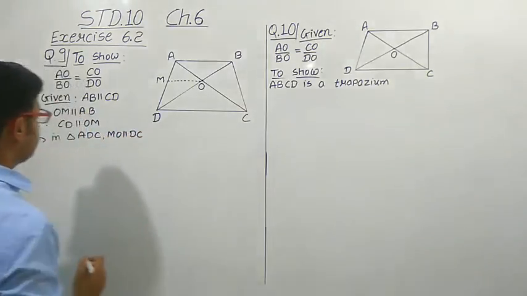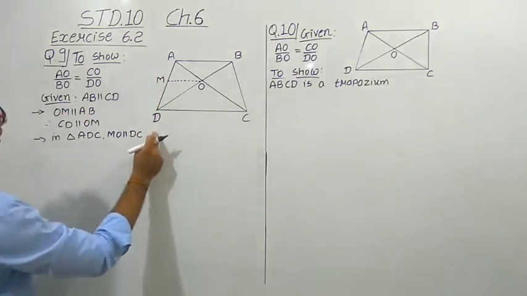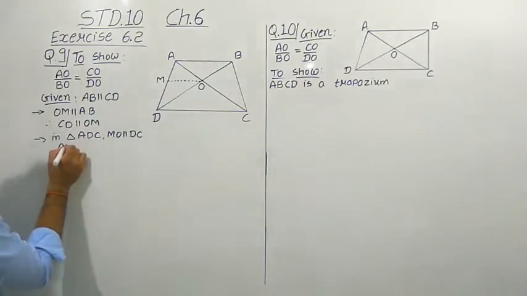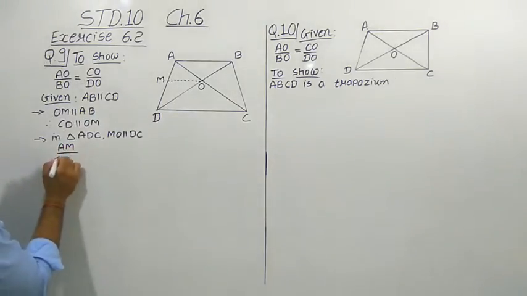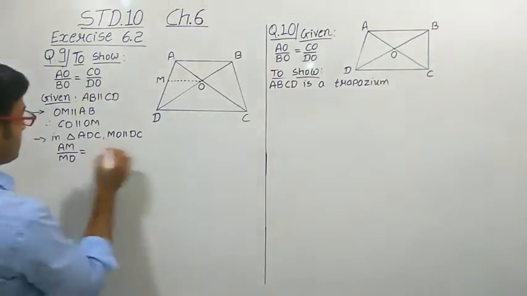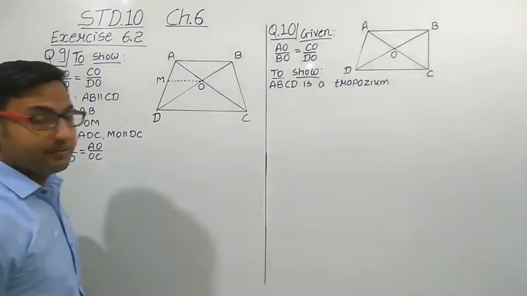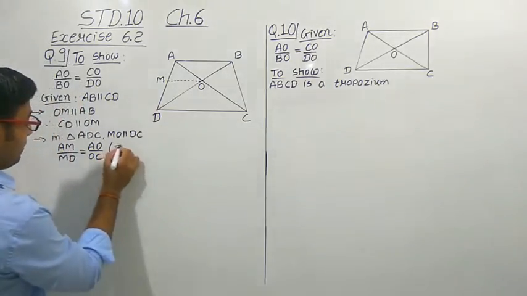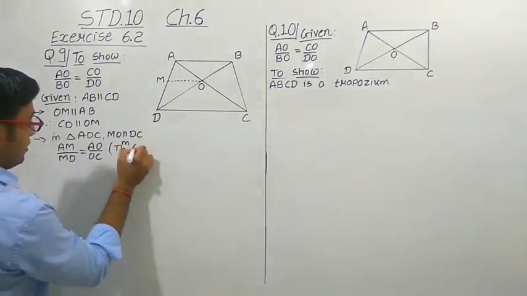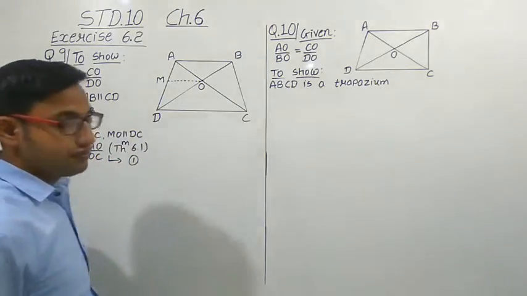According to theorem 6.1, we can write that AM upon MD is equal to AO upon OC. Right? According to theorem 6.1. Give it equation number 1.